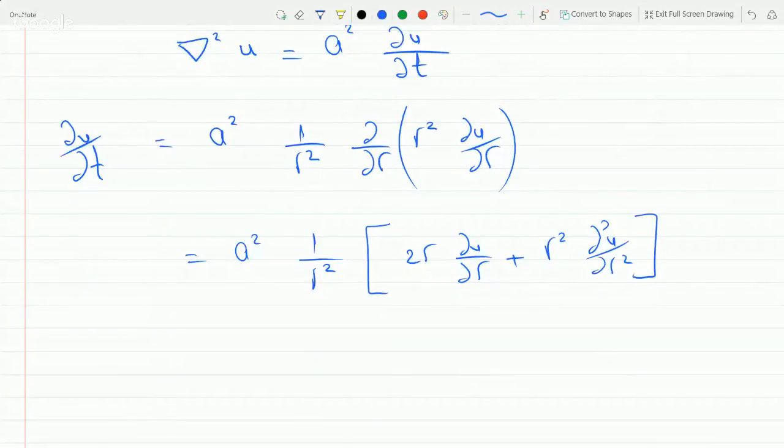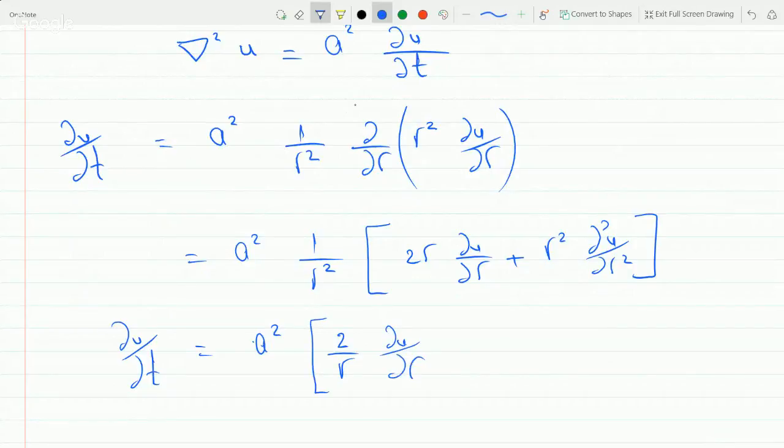And so we get du over dt equals a squared times 2 over r du over dr plus d squared u over dr squared.